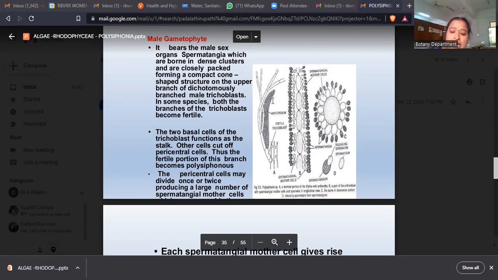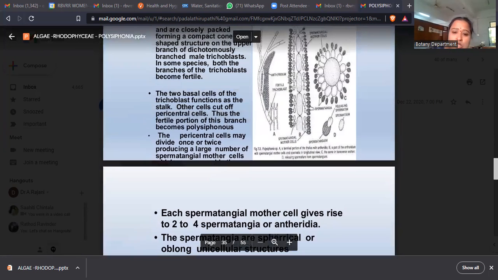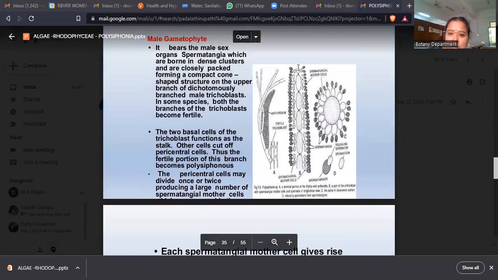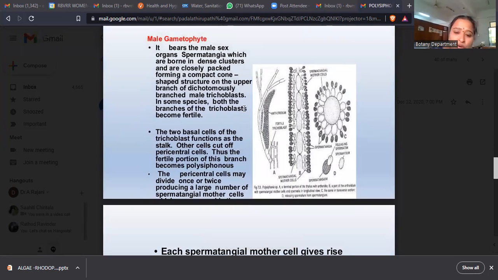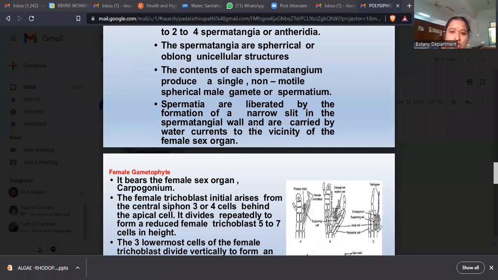Each spermatangial mother cell gives rise to two to four spermatangia or antheridia; you can observe one, two, three, minimum two. The spermatangia are spherical, unicellular structures, and the content of each spermatangium produces a single non-motile male gamete, the spermatium.